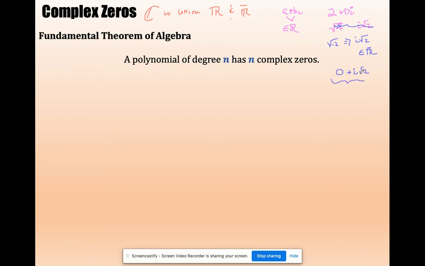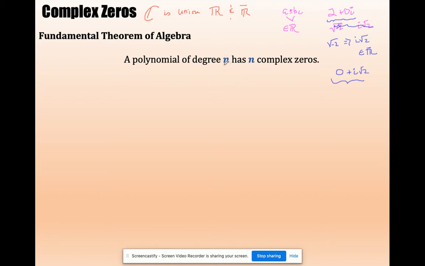Complex number. Any non-real number can be written as a complex number. Any real number can be written as a complex number, right? So when I say complex zeros, that includes all the zeros that you've already dealt with. But we are going to now include the non-real zeros.